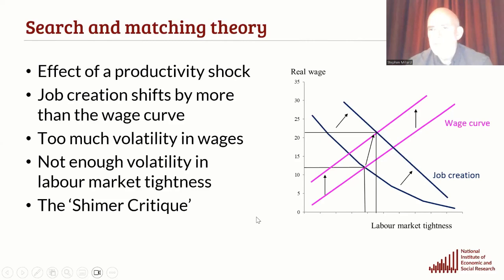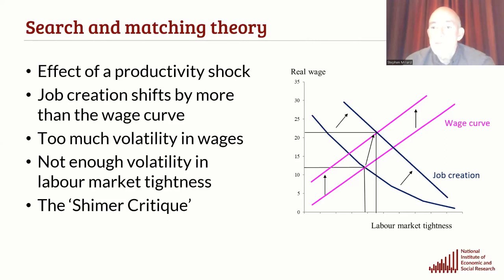And this problem with the standard search and matching model is called the Shimer critique. Robert Shimer drew attention to this problem in a very famous paper. Now, there were other people who actually knew about that problem and had written on it.